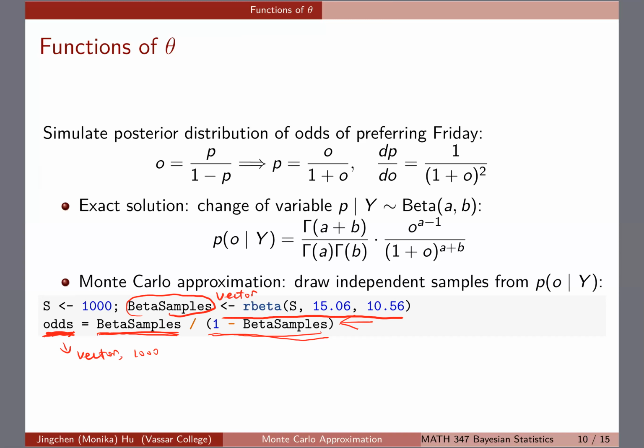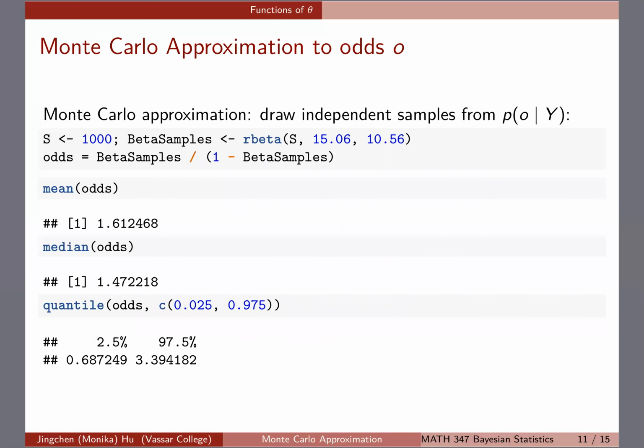You can return the mean. This is, again, an approximation. We have a bunch of draws, and you can summarize its mean, its median, its quantile to give you a middle 95% in this case as well.